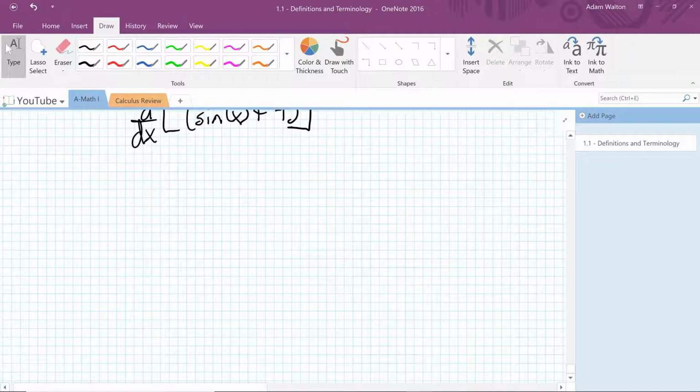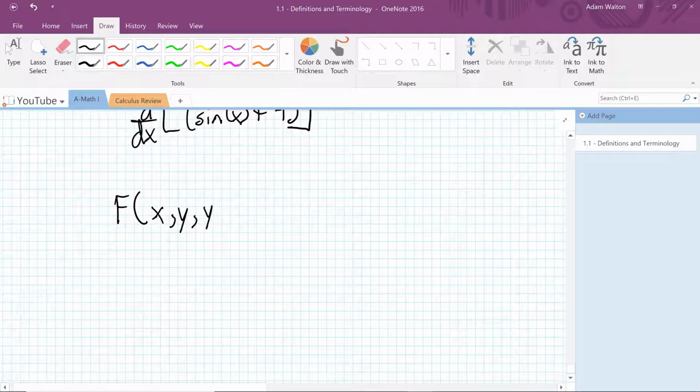Now, when we're solving a first order differential equation of the form f of x, y, y prime is equal to 0, and this represents our differential equation, we usually get an arbitrary parameter or constant c in the solution.